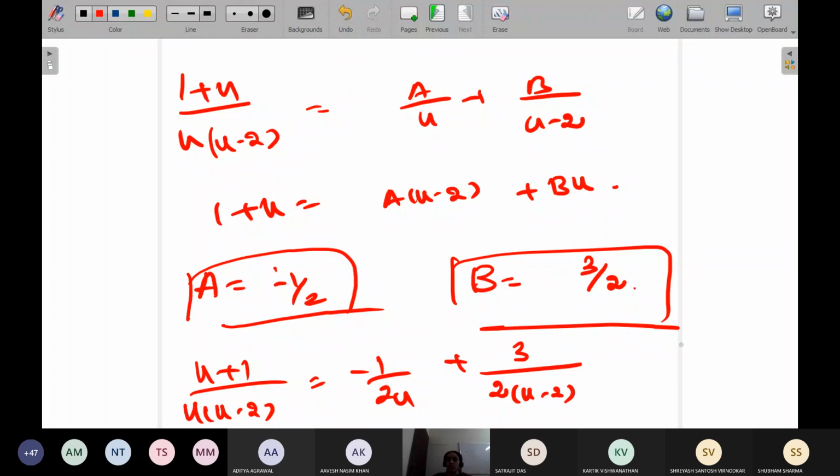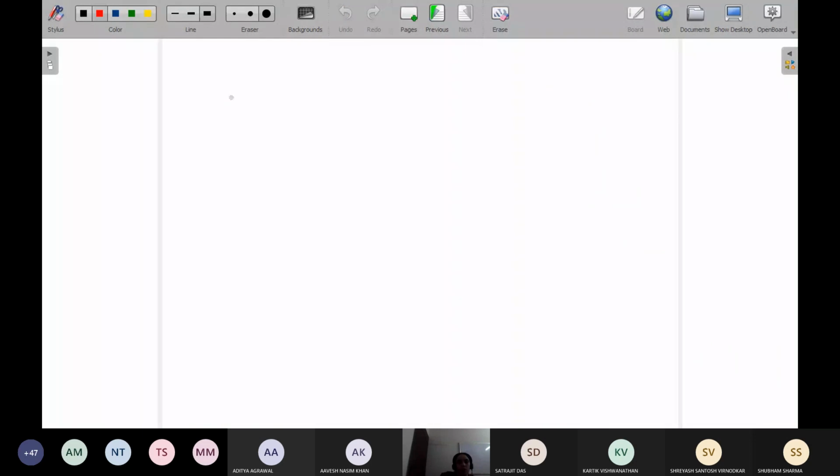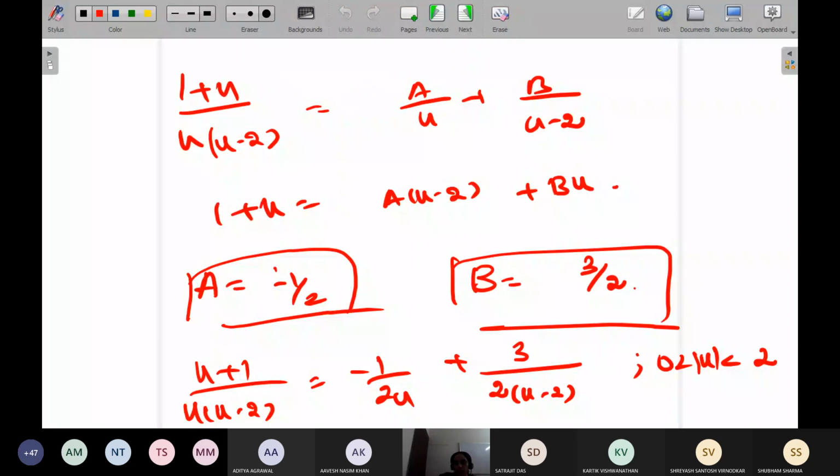What is the expansion? 0 less than u less than 2, right? Yes, 0 less than mod u less than 2. So once you expand this, you'll get 1 by 2u retained as such, plus 3 by 2 into, you have to expand in powers of u by 2 again.